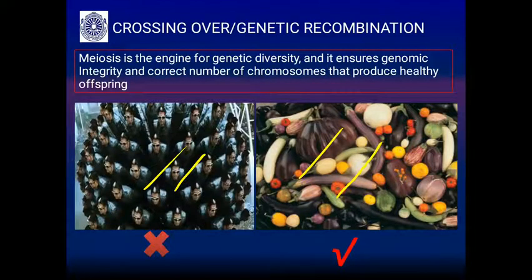That is why meiosis is an engine for genetic diversity in the population, and it ensures genomic integrity. Every time, genomic integrity is established because of meiosis and the correct number of chromosomes that produces healthy offspring. This is the significance of meiosis.